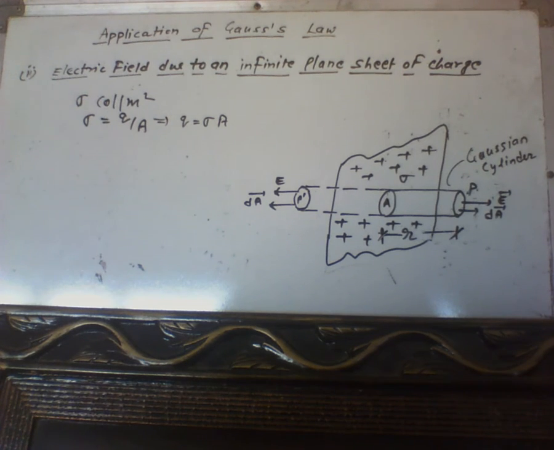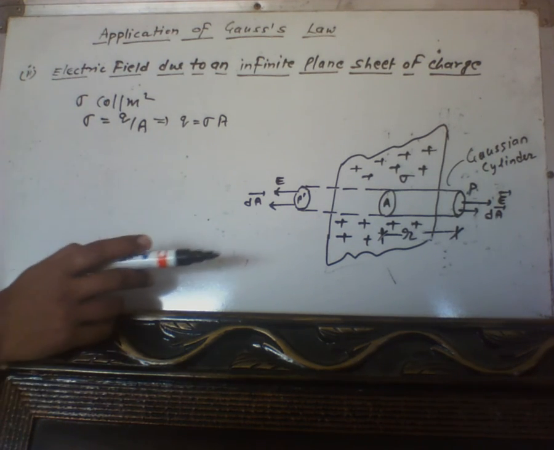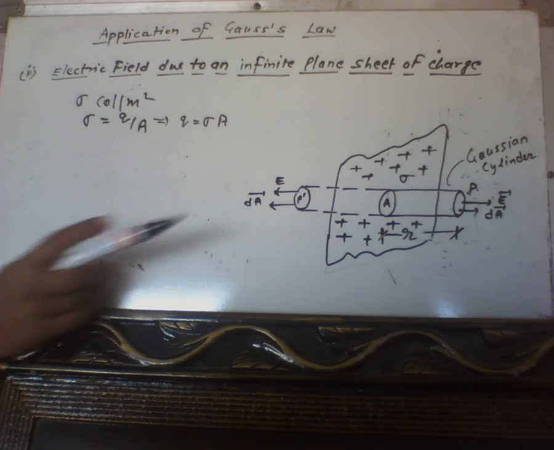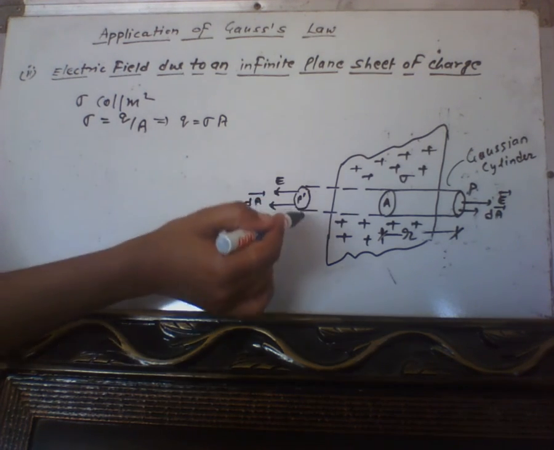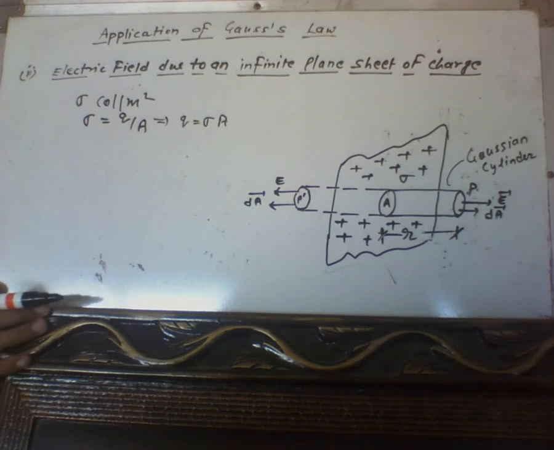For this, let us choose a point P dash on the other side of the sheet and now draw the Gaussian cylinder.